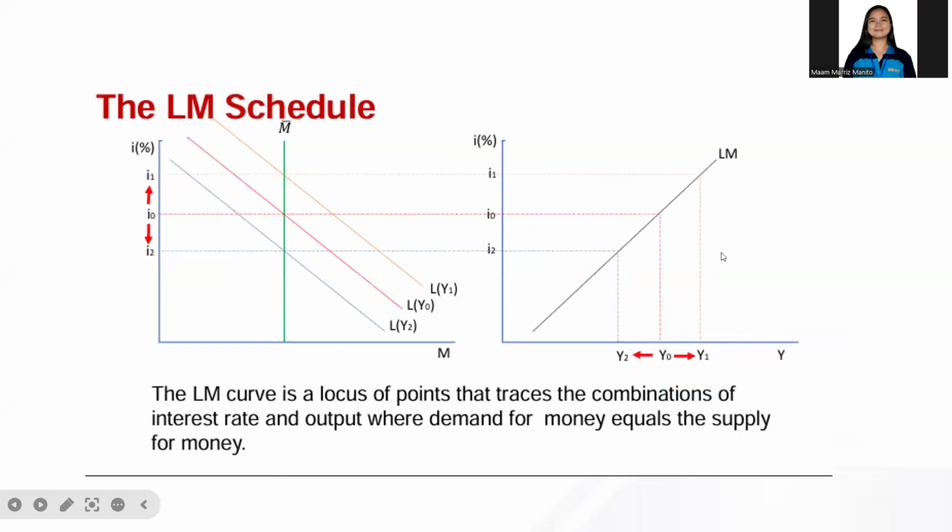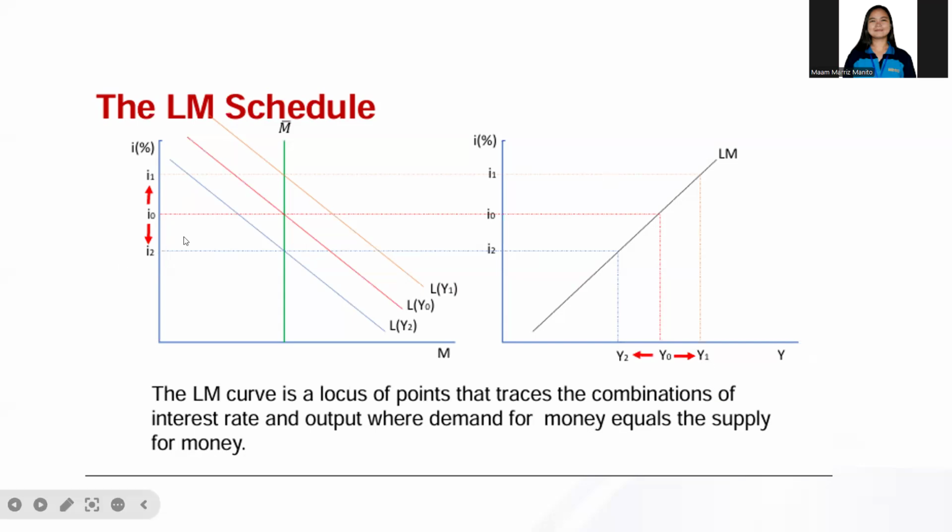So the LM curve is locus points that traces the combinations of interest rates and output where demand for money equals the supply for money. So, pag pinlot po yun siya, yung interest rate, pag tumaas in I1 from its previous I sub 0, makikita natin na ang output tumataas din siya when interest increases because tumaas yung interest, mas madami yung investments, tataas yung output.